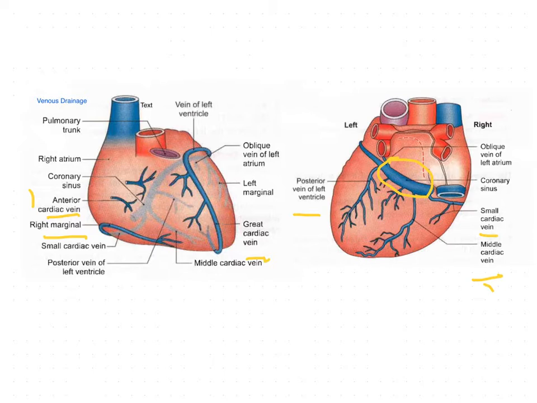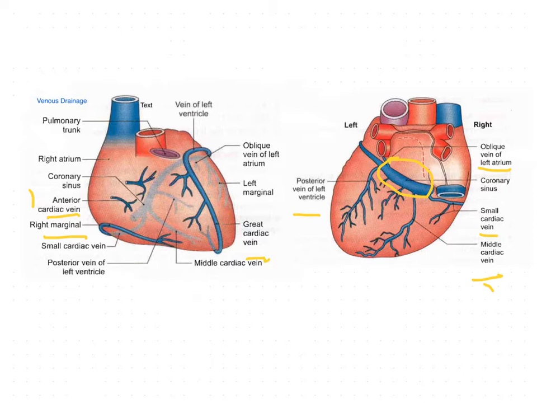One is the great cardiac vein, middle cardiac vein, small cardiac vein, posterior vein of the left ventricle, the oblique vein of the left atrium, the right marginal vein, the anterior cardiac veins, and the venae cordis minimae.